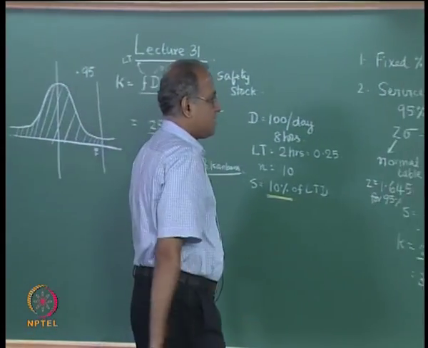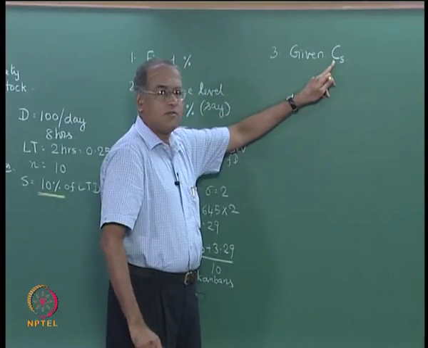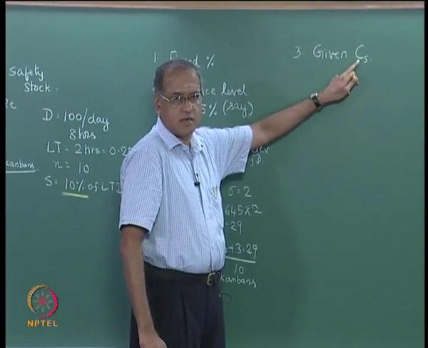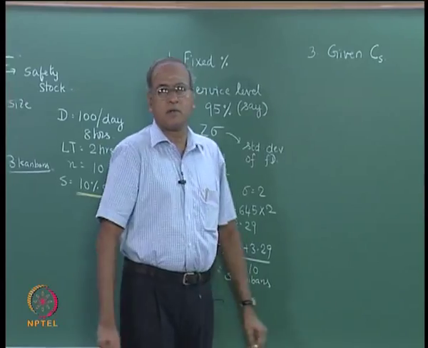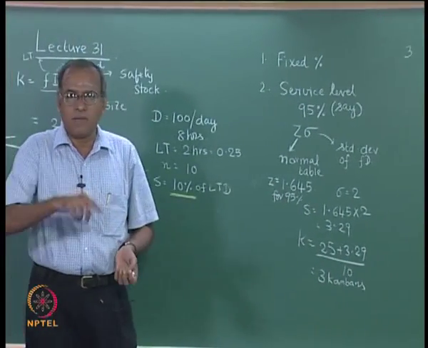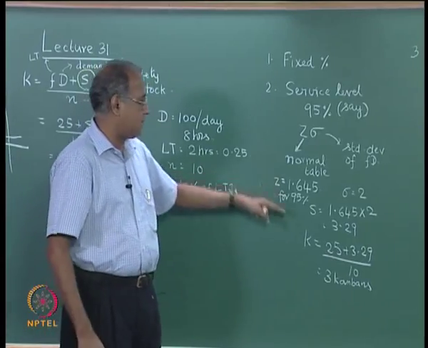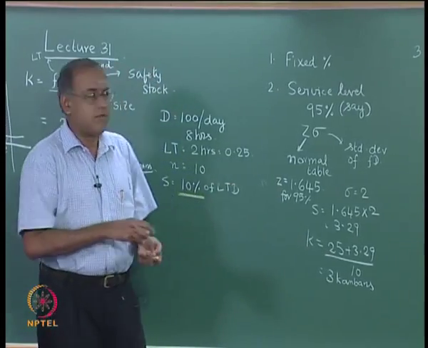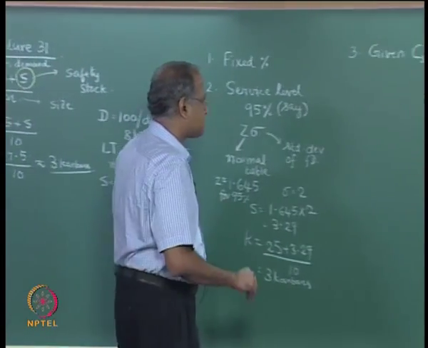Here what we do is, for a given value of the shortage cost, we can compute the z value, and then from the z value we can compute the number of Kanbans. We will now do that derivation.